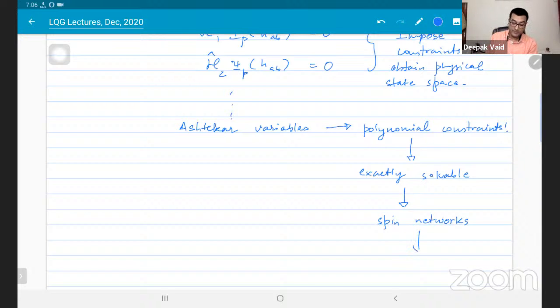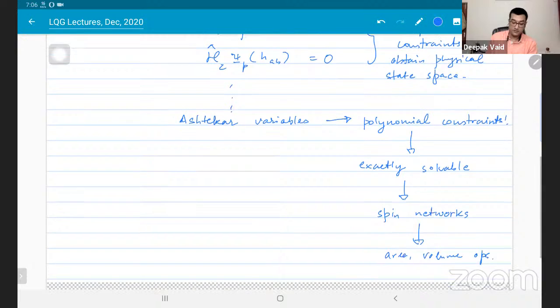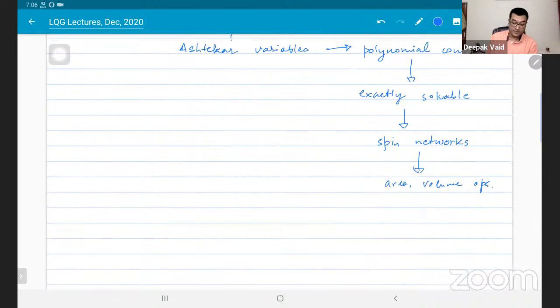And on these spin networks, you can define area and volume operators. And once you define area and volume operators, you can do things, for instance, like counting black hole states, which gives you the Bekenstein-Hawking entropy.